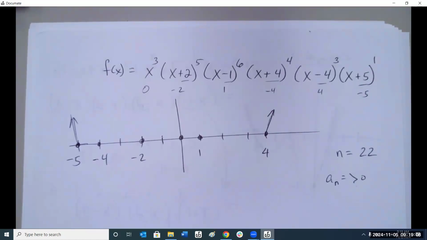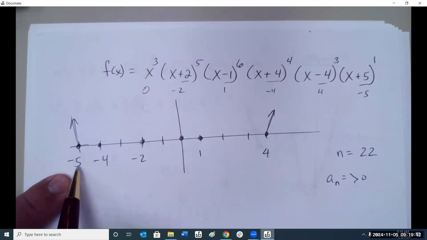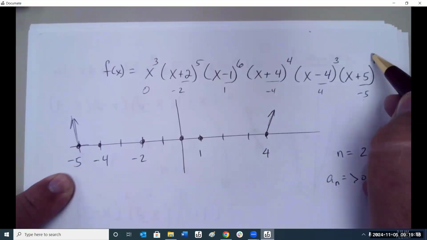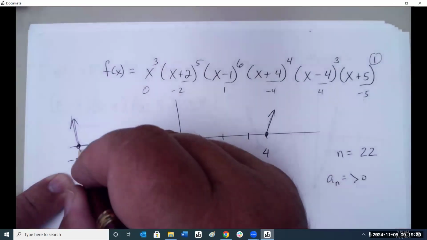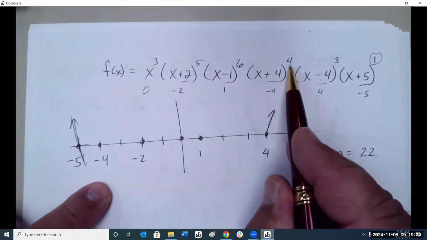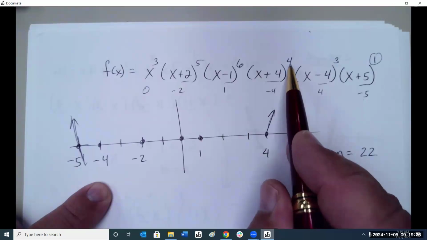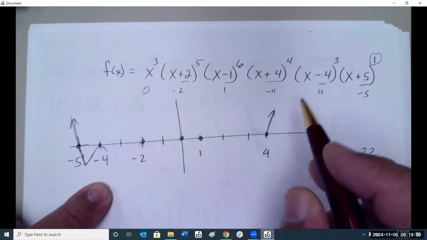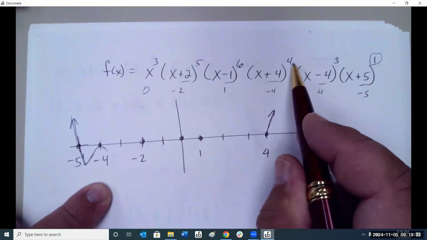Now we have to figure out, does the graph bounce or does it cross at those intercepts? At -5, it crosses because it's odd. At -4, it bounces because it's an even multiplicity.